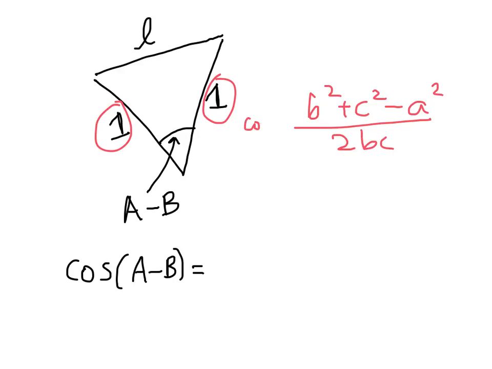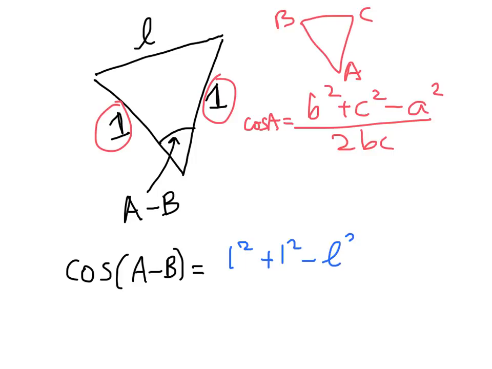So that's for cos of A with triangle A, B, C. So ours is going to be cos of A minus B. We're looking at the other two sides, so 1 squared plus 1 squared minus L squared over 2 times 1 times 1. Just be careful to watch the difference between the 1's and the L's.